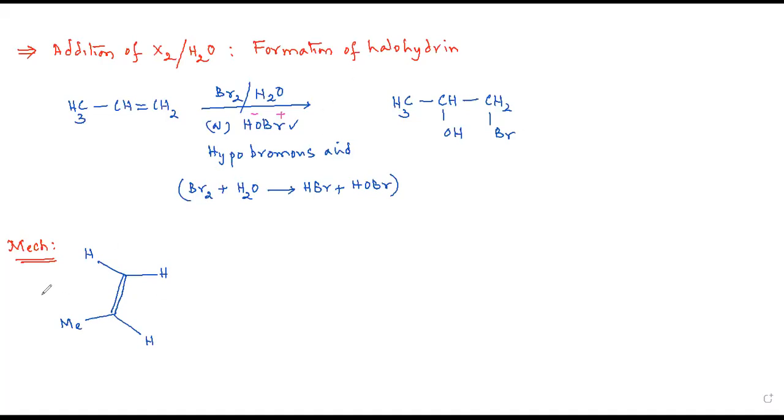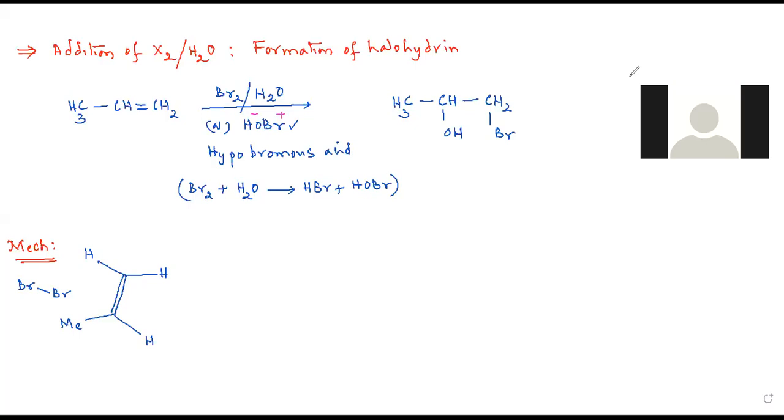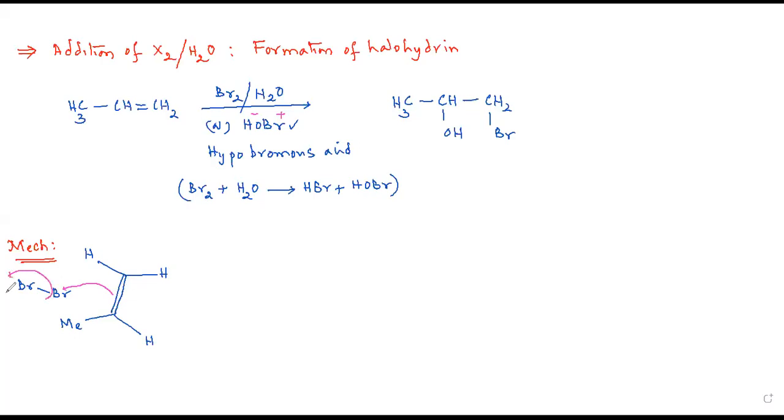See, at the beginning, just like what we have seen in halogenation, this one attacks the bromine, and the other bromine goes out along with the bonded pair.